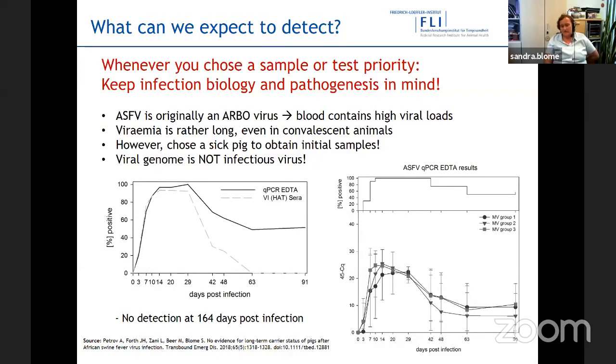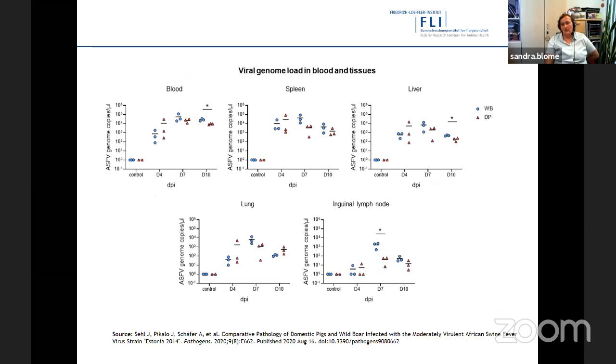So whenever you look at the test results, keep this in mind that this is not the same. I brought you some slides also from a very recent animal trial to show you that already at day 4, we have a reliable detection from blood, but also from quite a lot of tissues. So in the end, roughly day 3, day 4, this is when we can detect the viral genome.